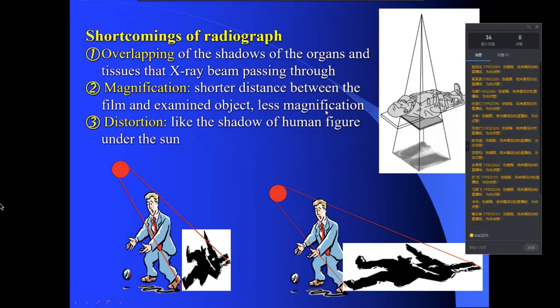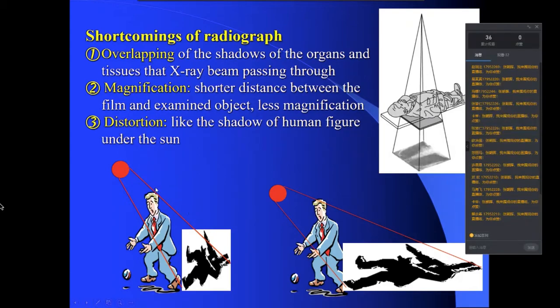In addition, the way of X-ray examination will also cause distortion of image. When the relative position of X-ray tube and examined object changes, you will have different images, just like the human figure under the sun.